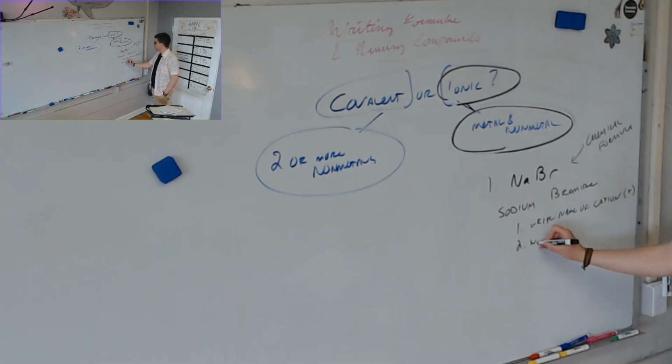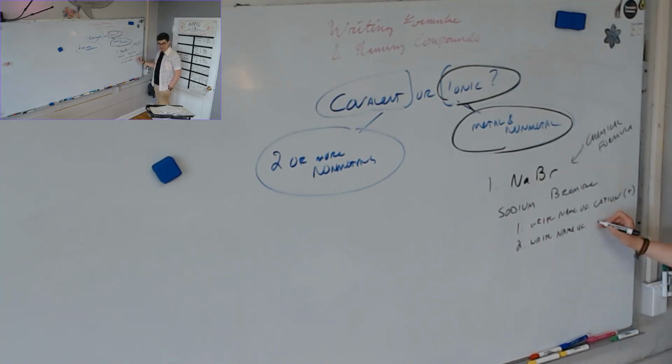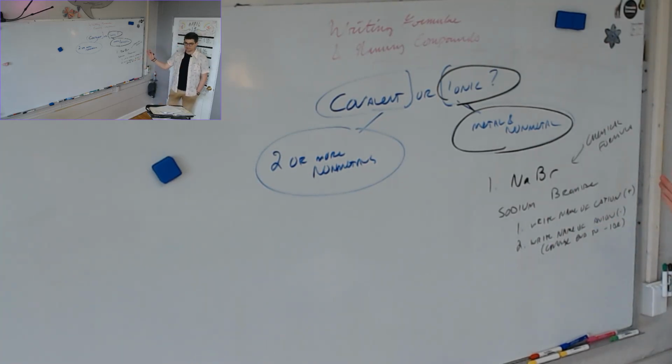2, write the name of the other one. If it has a negative charge, do you remember? Anion. Negative. But change the end to ide. And that's it.